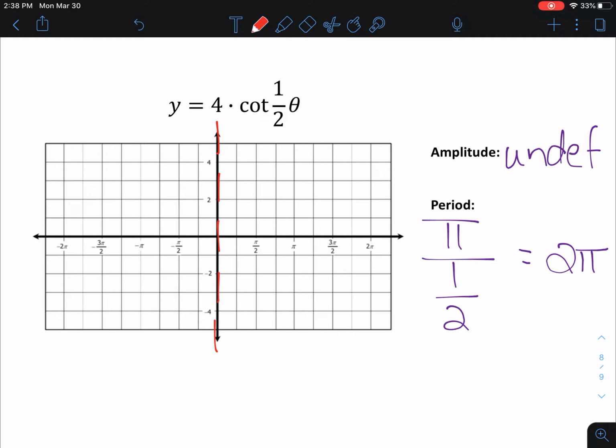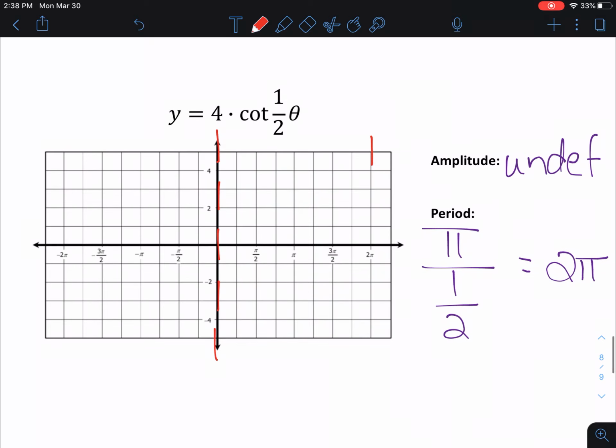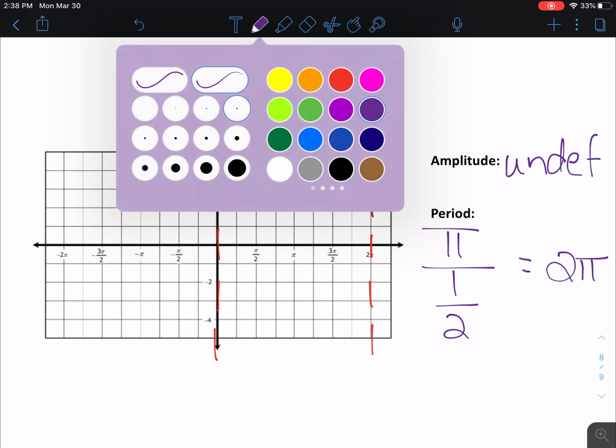So when we see a period of 2 pi, I know I can put another asymptote line right there. And that's going to be just one of my cotangent graphs. And so let's put that in there.